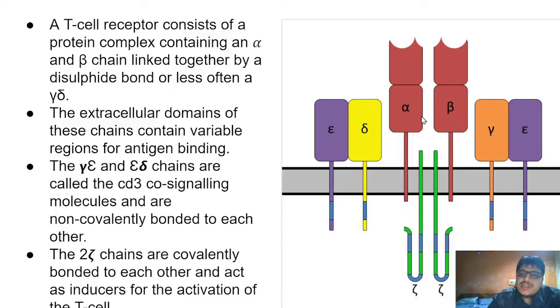And obviously it has to work in conjunction with this whole complex here that you see. This whole complex is a T cell receptor complex, just as two peptide chains, in this case the alpha chain and the beta chain together, are called a T cell receptor.